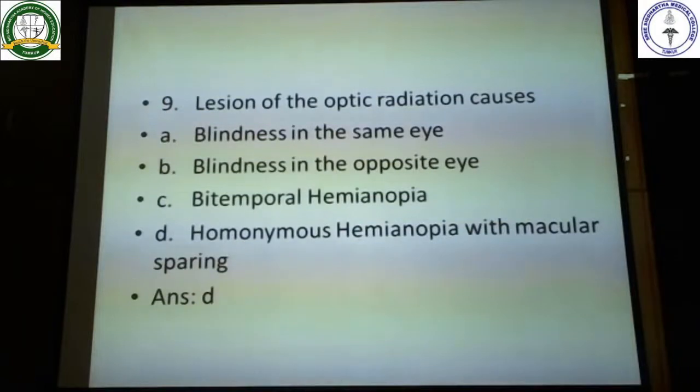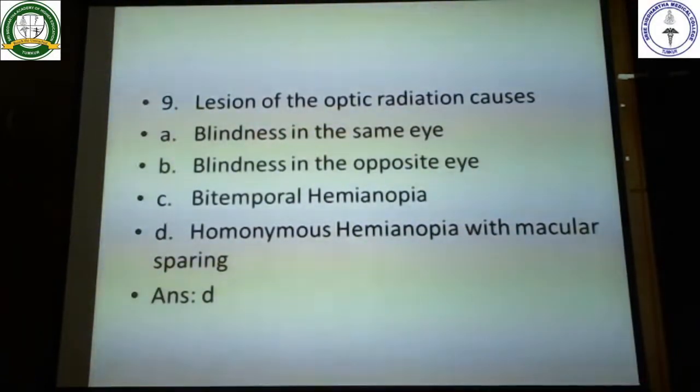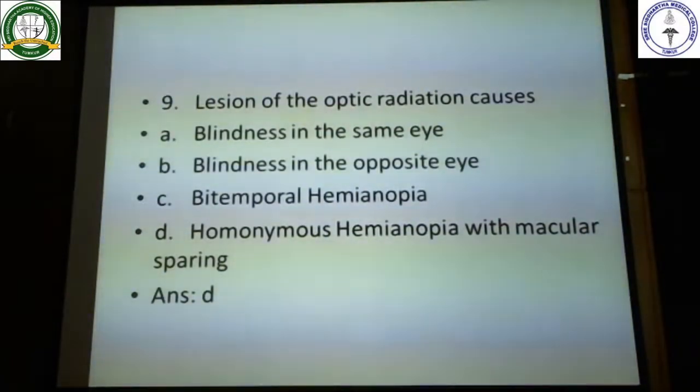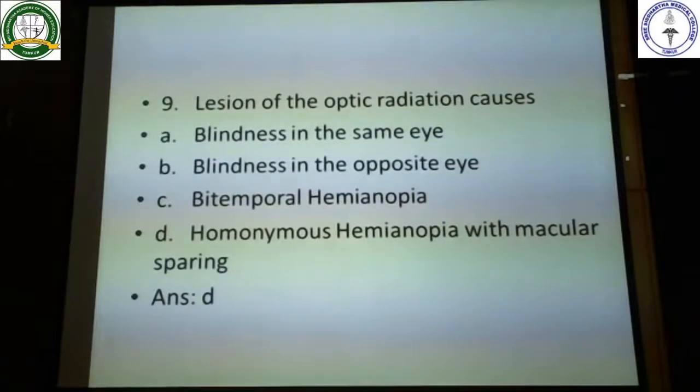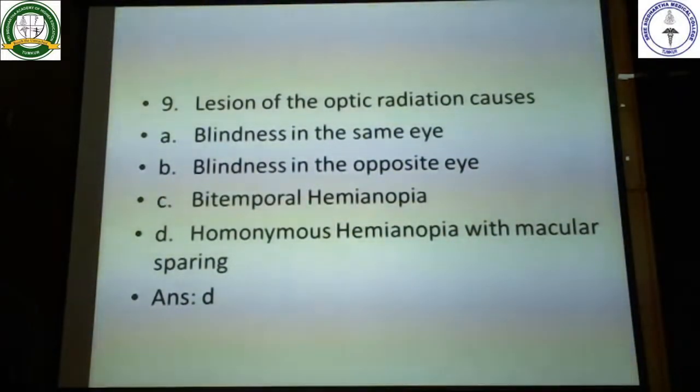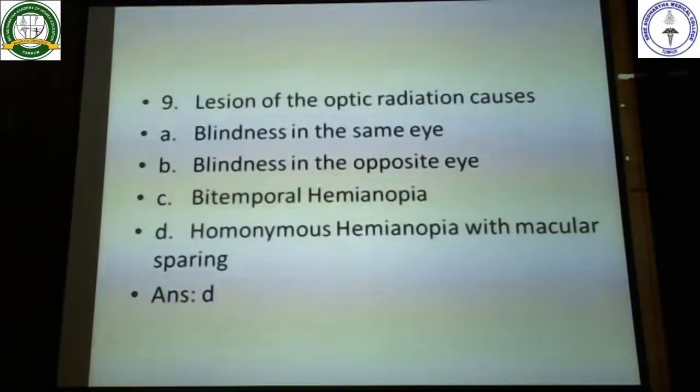But here there is macula sparing. Optic radiation, there is macula sparing. Macula is an area. In case of extensive lesions, of course it is not spared. But in case of radiation lesions, macula is usually represented in a large area.